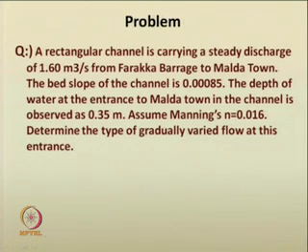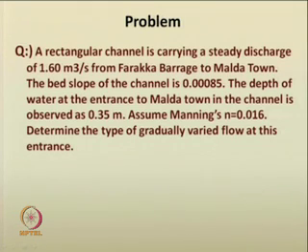The depth of the water at the entrance to Malda town in the channel was observed as 0.35 meter. You can assume Manning's roughness coefficient as 0.016. Now, you are requested to determine the type of gradually varied flow at this entrance.